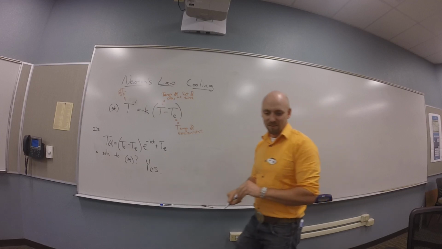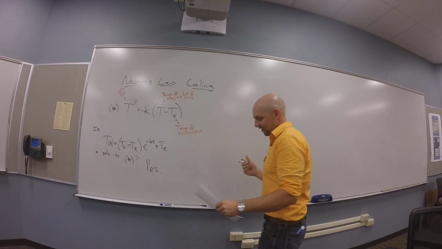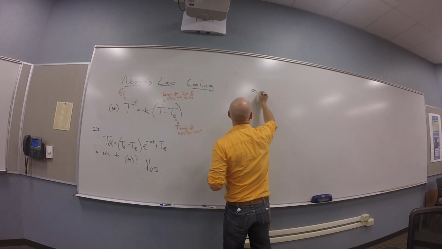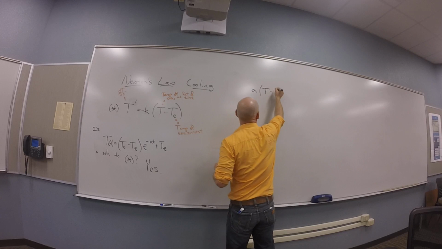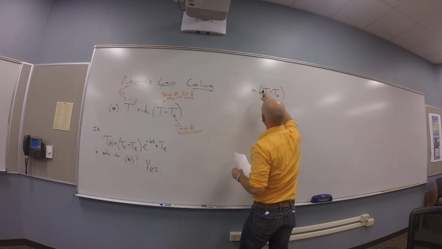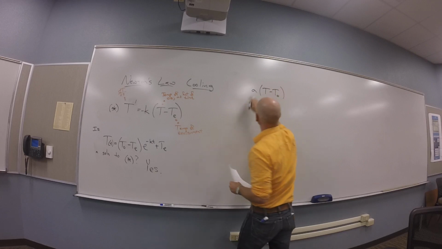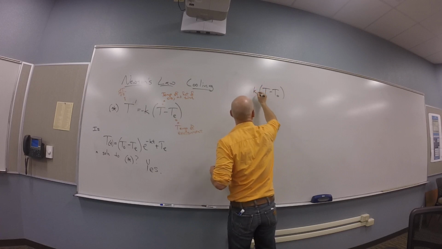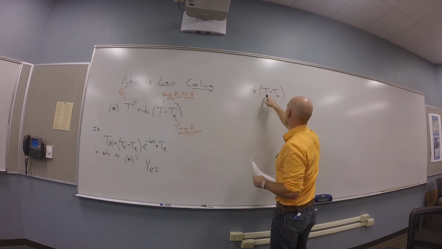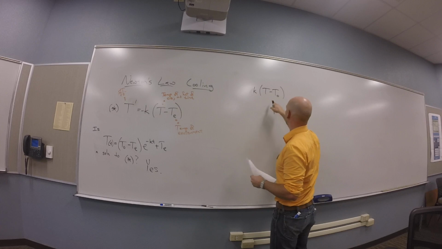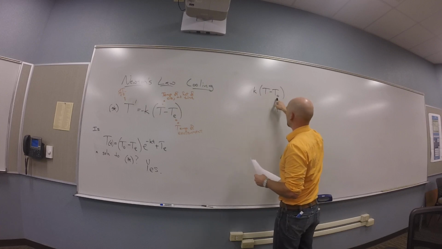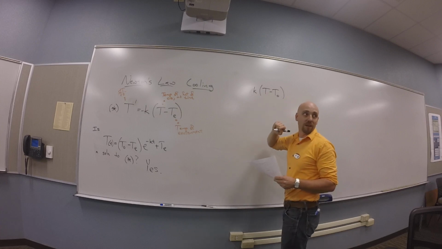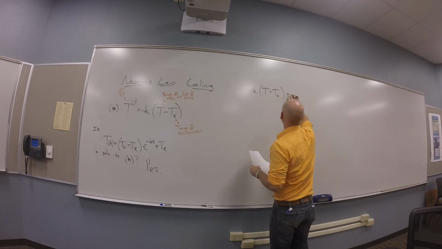Okay? And this is not my specialty, but I'm going to assume that this equation, that should be a K. So I have K times the difference in temperature between where my object is and where it started, right?